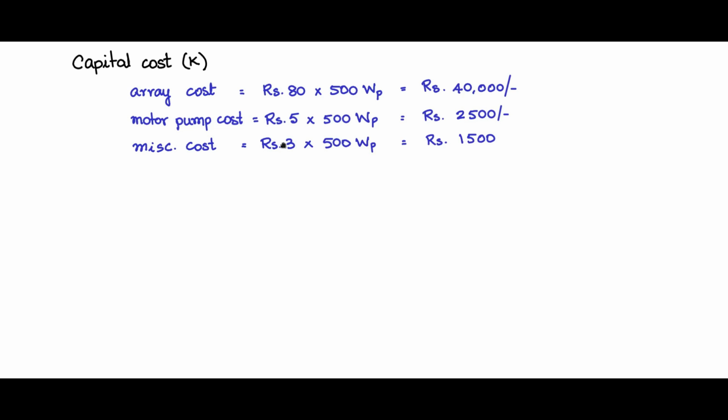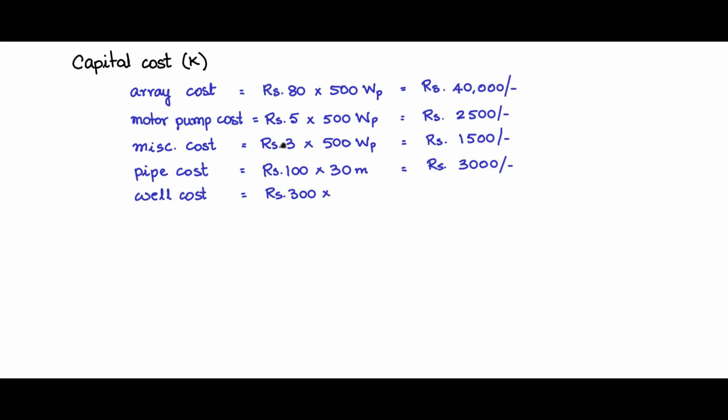This is rupees 1500. The pipe cost rupees 100 per meter into 30 meters, which is rupees 3000. Then the cost of the well is rupees 300 per meter into 10 meter. This is rupees 3000. So when you add up all these things, you get K, the capital cost, which is rupees 50,000.